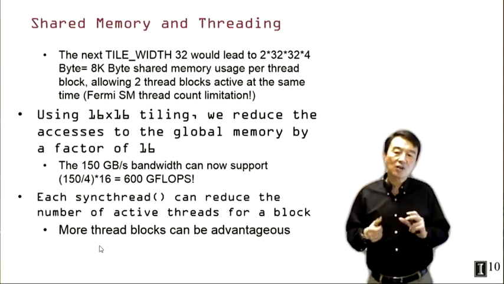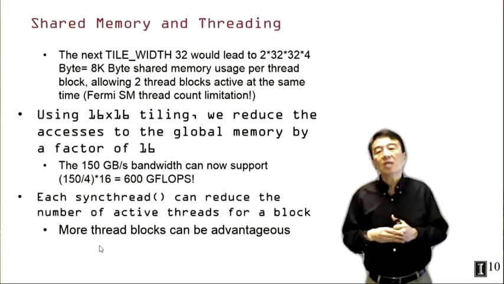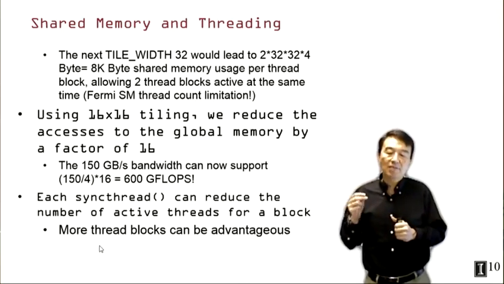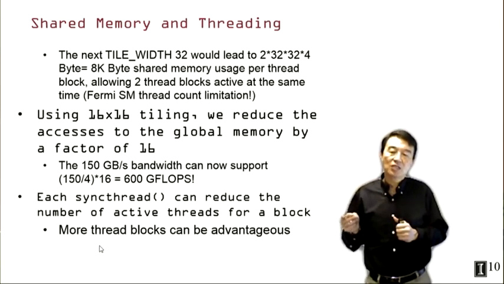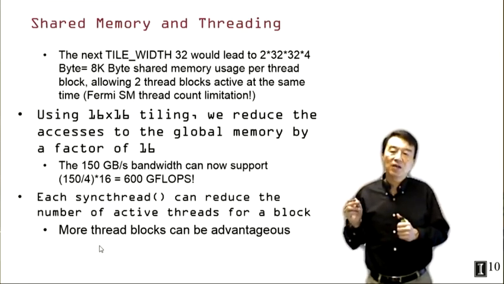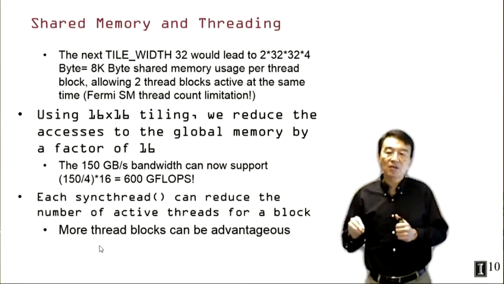So let's do a very simple calculation. For Fermi, we have 150 gigabytes per second memory bandwidth. So that means that we can have 150 divided by 4 giga operands per second. And remember, for every memory operand that we load in the tile algorithm, we will be able to perform 16 floating point operations.